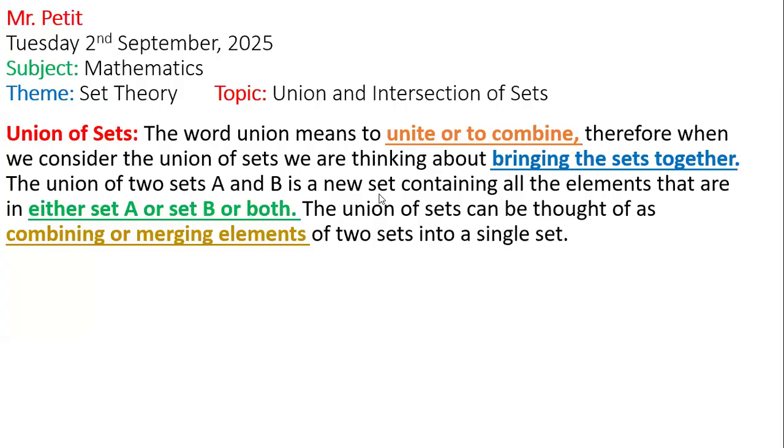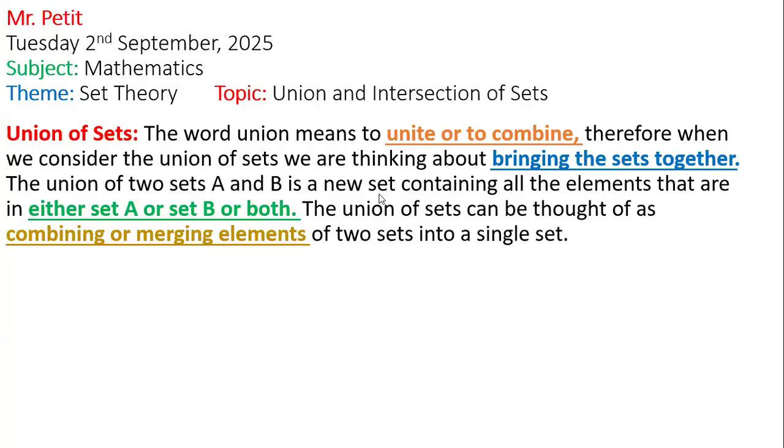Does it mean to pull apart, or does it mean to bring together? To bring together. So if we have two sets A and B and we want to find the union, we have to bring the two sets together. Very good. That's what I mean by the union. Does that make sense, Carlton?